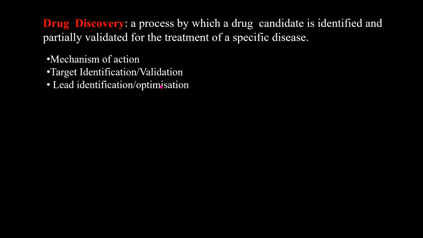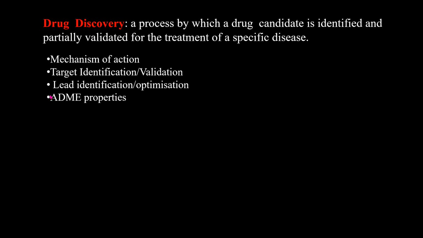You have to modify the structure so that it satisfies the properties of a drug, and also the drug-likeness properties, because ultimately we are taking this drug orally. It goes inside the body and acts, so it should have certain properties, which is called drug likeness. We will look at those properties. There are many properties, so the optimization comes in there.